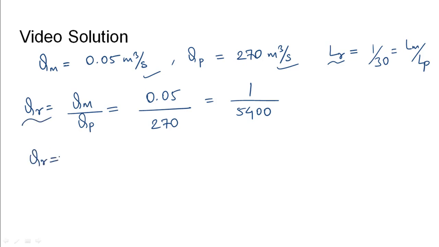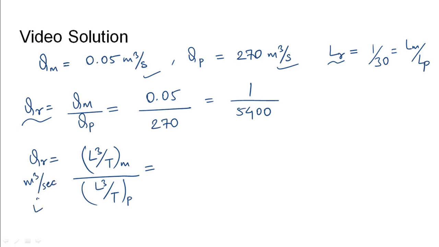The discharge ratio can also be written as the L cube over time for the model divided by the L cube over time for the prototype, as discharge is nothing but meter cube per second, which is length cube by time dimension. So we have used this to find the discharge ratio in another form.